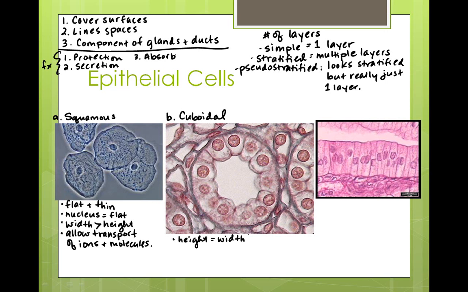They actually have about 5 or 6 sides, but they have more cytoplasm. And since these cells are thicker, they're not going to allow for the transport of ions and molecules through them. Their nucleus is spherical.